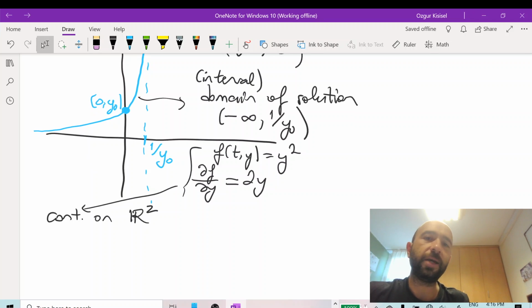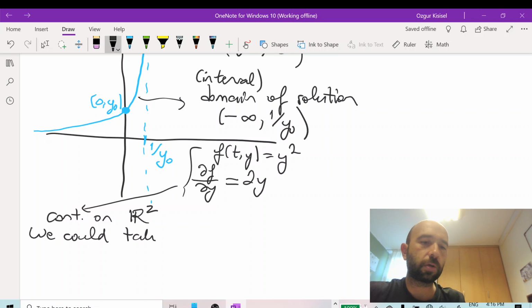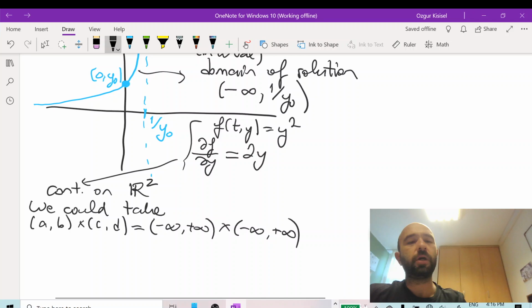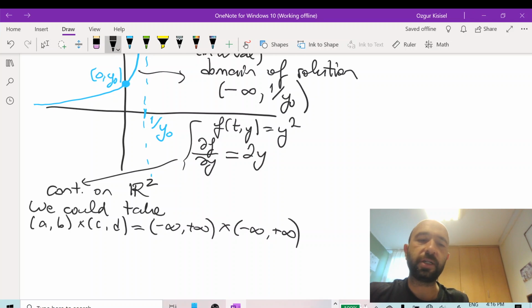So actually, in the hypothesis of the theorem, we could take this, remember this AB cross CD part. This can be taken as minus infinity plus infinity cross minus infinity plus infinity. Nothing wrong about that. So, I mean, these functions are nice everywhere, but the solution isn't, right?